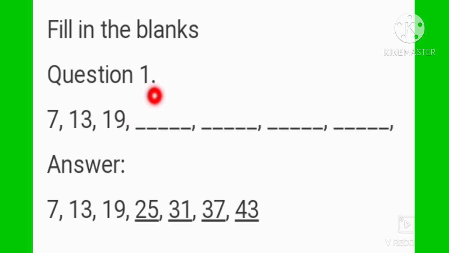What will be the next number after 19? We need to add 6 to 19. That is 19 plus 6 is 25. The next number will be 31. And 31 plus 6 is 37, 37 plus 6 is 43. So this pattern is called a number pattern. Here, we are adding 6 to the resultant number to get the other numbers in the pattern.